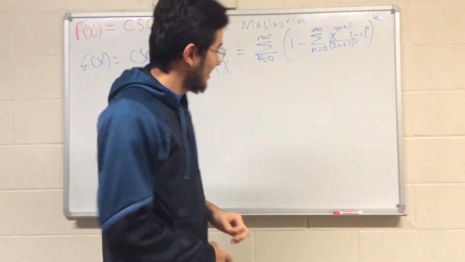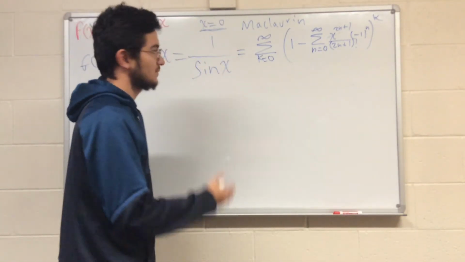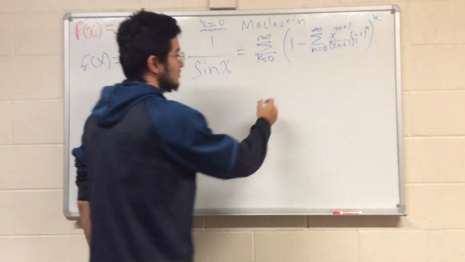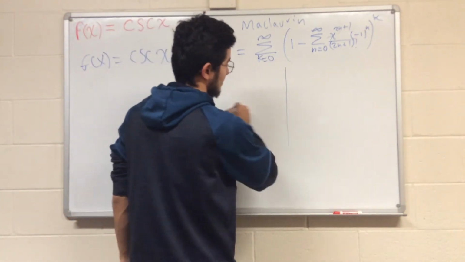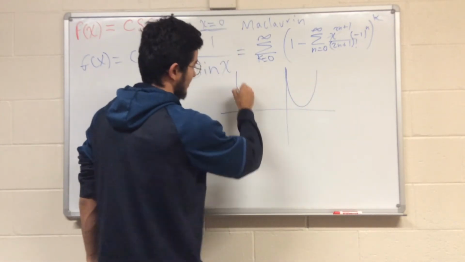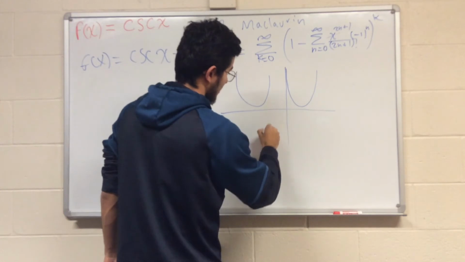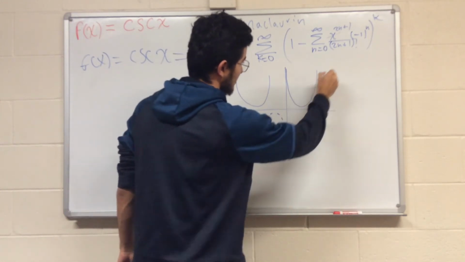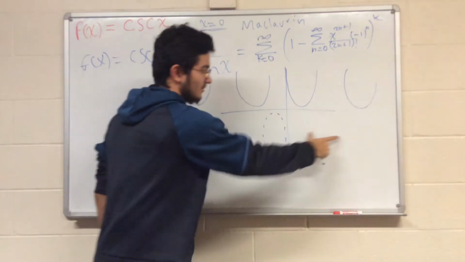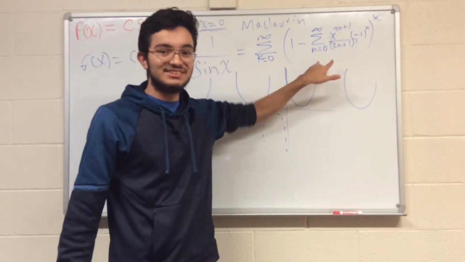But if we were to do that, this only accounts for the positive values of cosecant of x. So this is going to look like something like that, and then like that, and it's going to skip the values that go over here. So these values on the bottom, on the negative side of the y-axis, don't exist in this series.